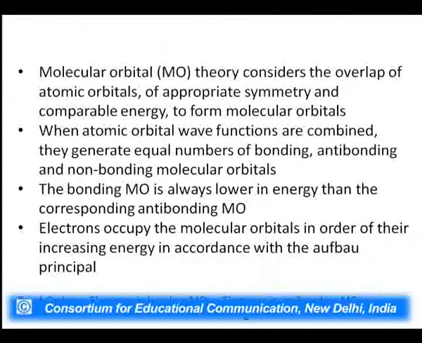So bond order is the electrons in the bonding MOs minus the electrons in the anti-bonding MOs, divided by 2. This tells us the number of bonds that would be existing in a simple molecule. Now, we are dealing with a very qualitative approach at this point of time.